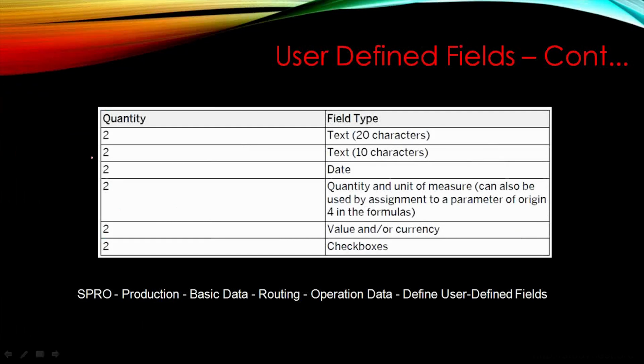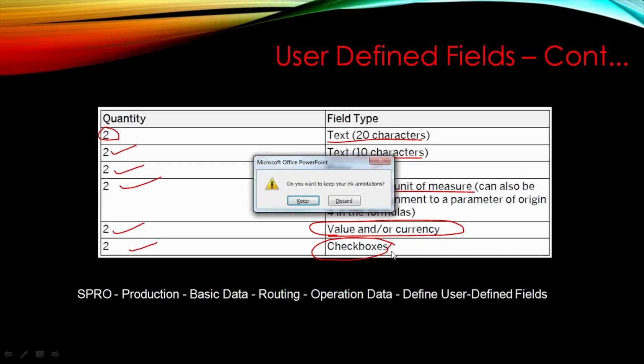You have only two fields you can create for text within 20 characters, 2 fields you can create for text with 10 characters, 2 fields you can pick for date character, 2 fields you can pick for quantity and unit of measure character, 2 fields you can create for value or currency, and 2 fields you can create for checkboxes. Alright, so let me show you here.